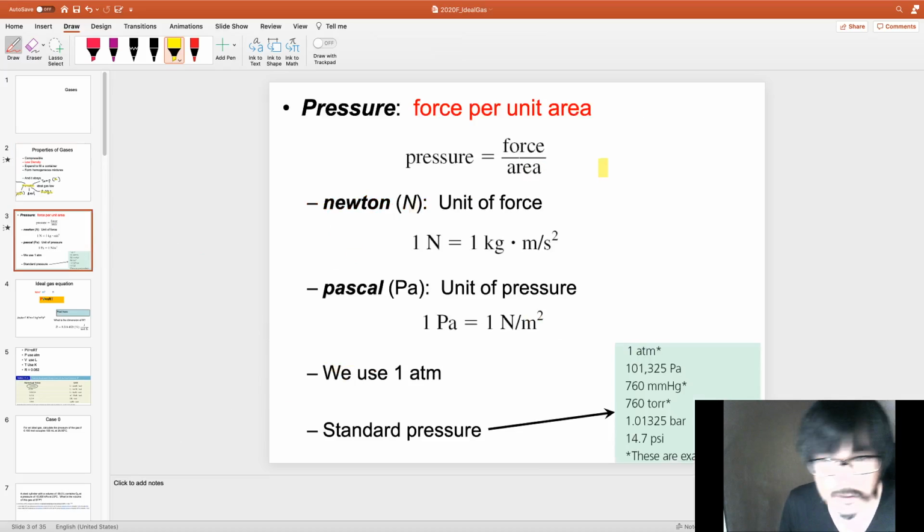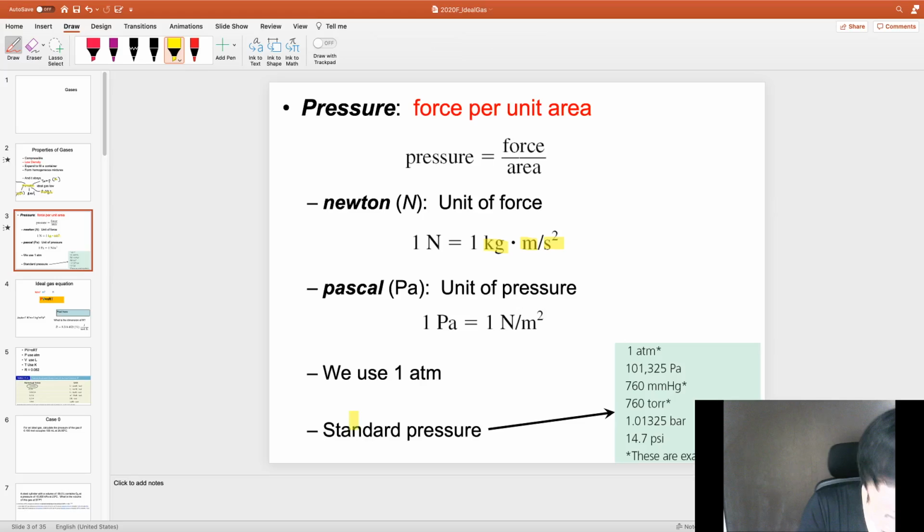Now a side story about pressure. I don't know how many of you took physics, but pressure is equal to force divided by area. And force in the standard unit is the Newton: mass times distance divided by seconds squared.